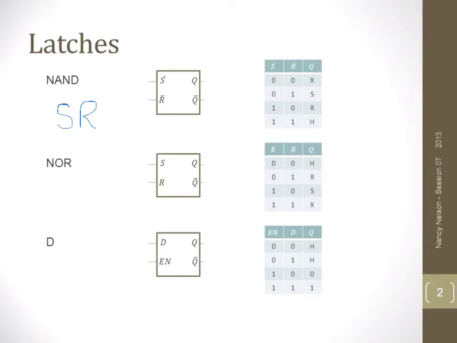The D latch is considered a gated device. What that means is because of this enable control, we have the ability to turn it on and off. You'll also hear the term asynchronous associated with this.